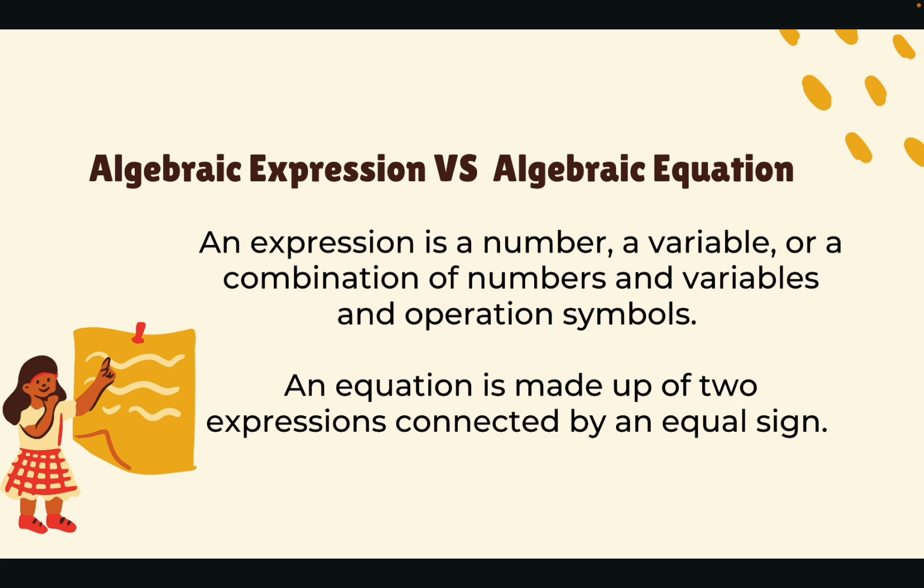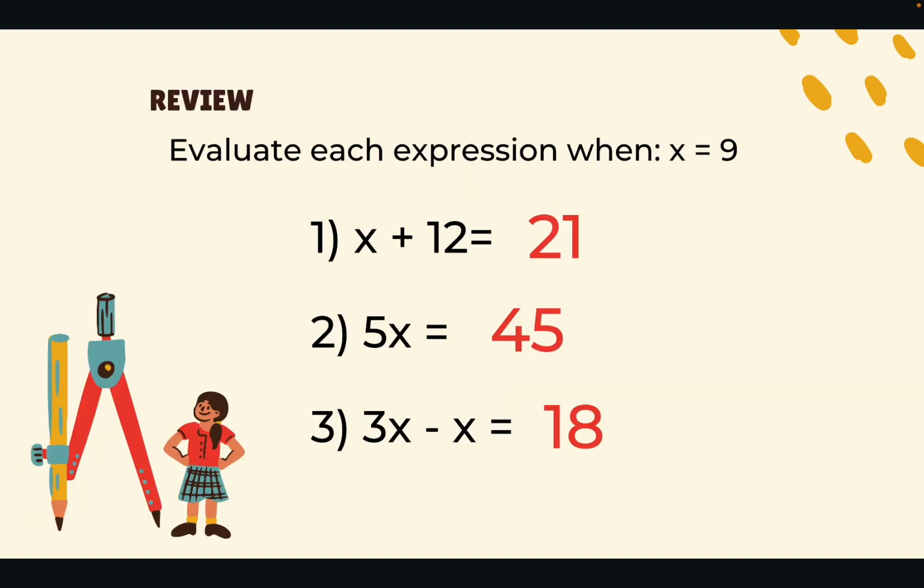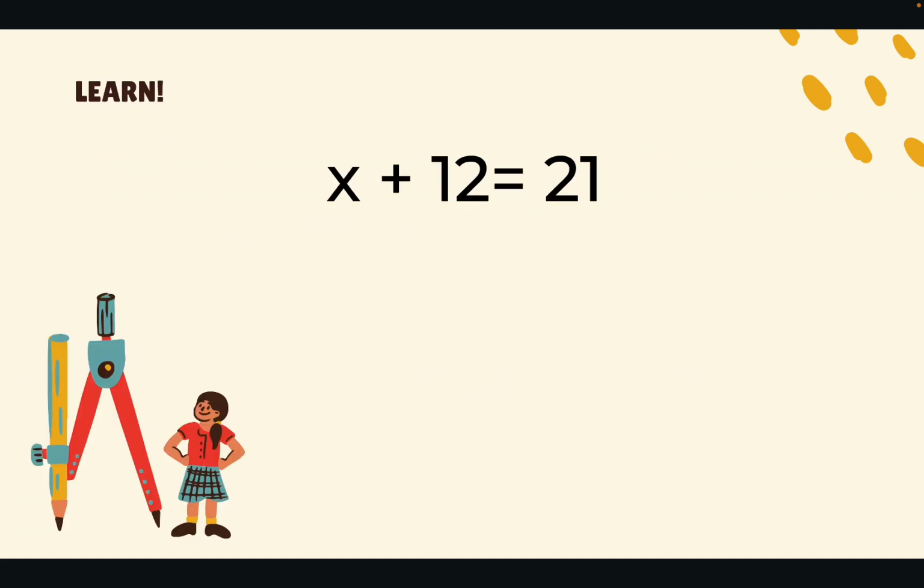Let us use the first example that we have in our review a while ago. We have x plus 12 is equal to 21. This is the question that we had. How are we going to solve this algebraic equation?